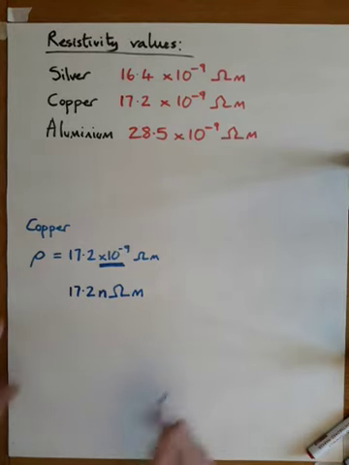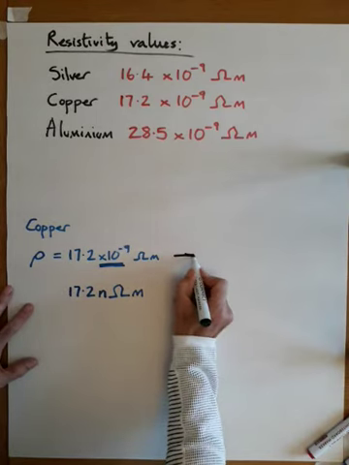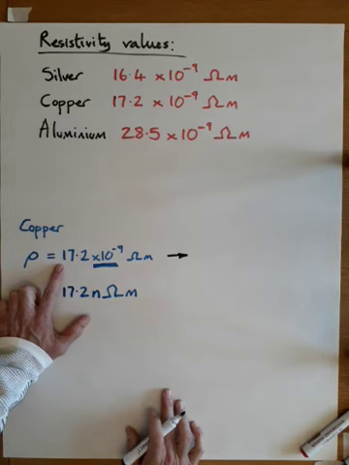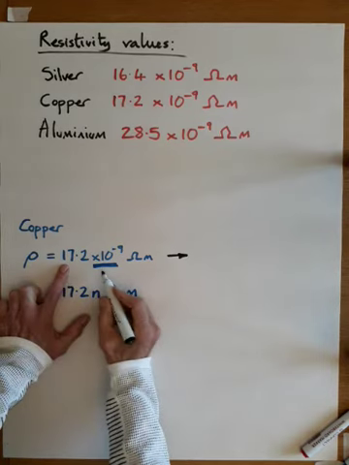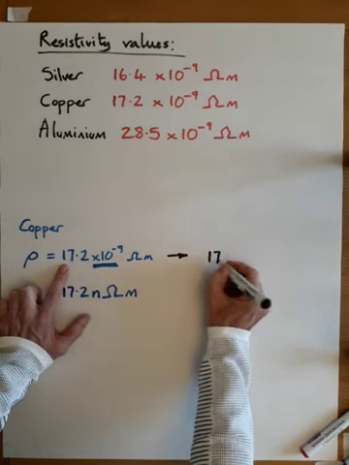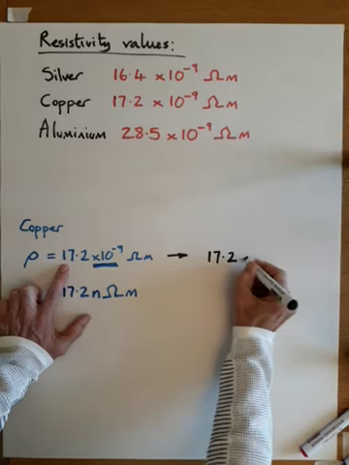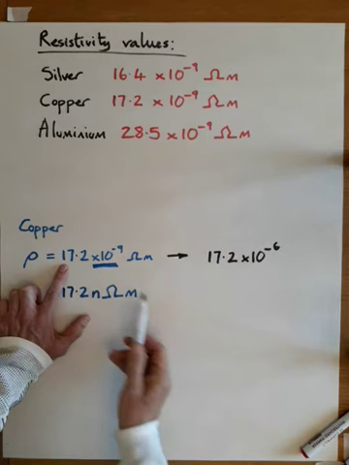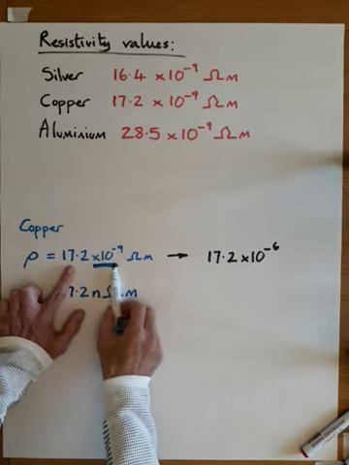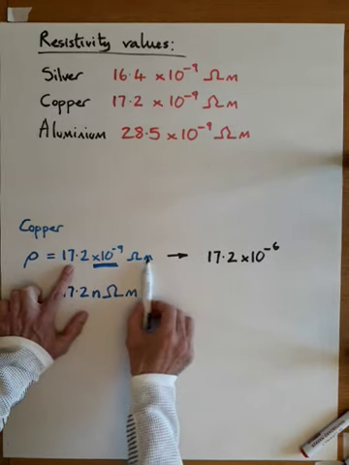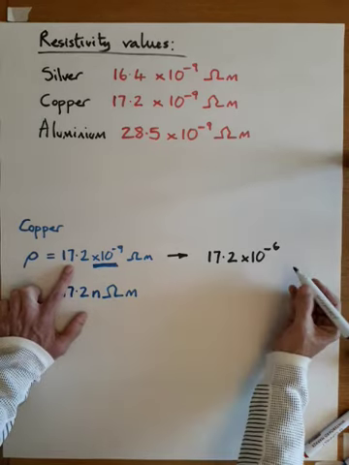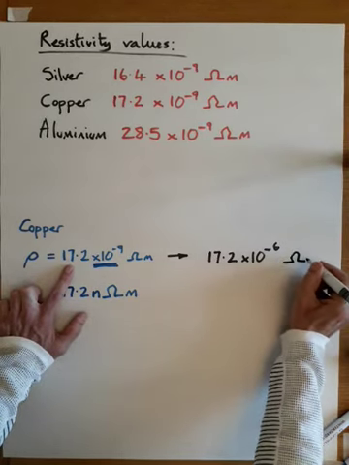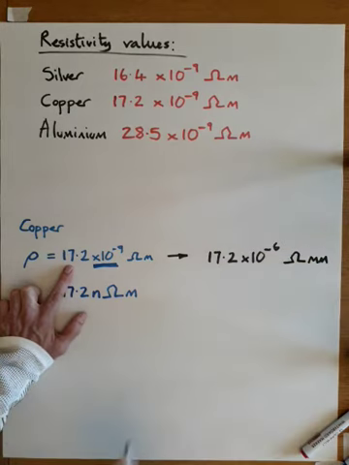If we look at that from a different perspective, let's take the same number, and I could rewrite this as 17.2 times 10 to the minus 6. So I've made it 1,000 times smaller, the number. And if we're going 1,000 times smaller, then this becomes ohm millimeters.